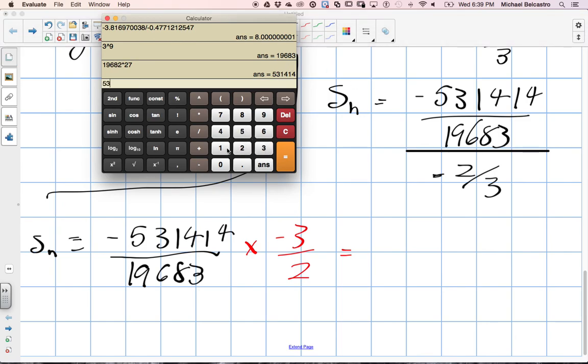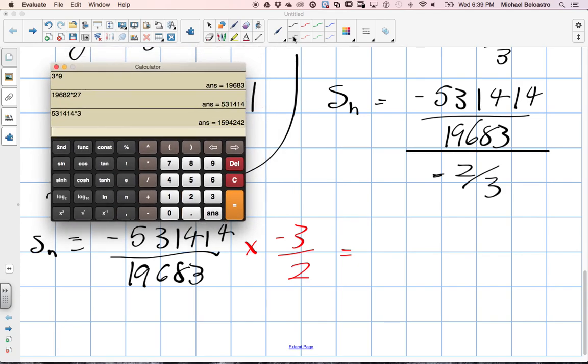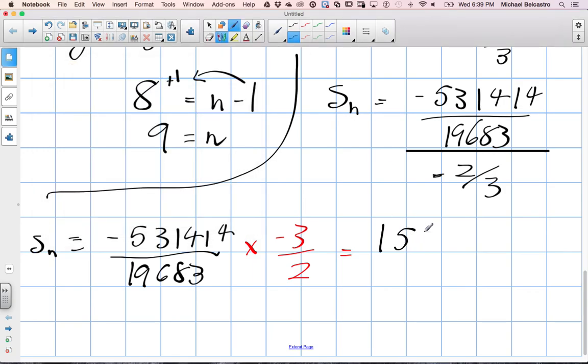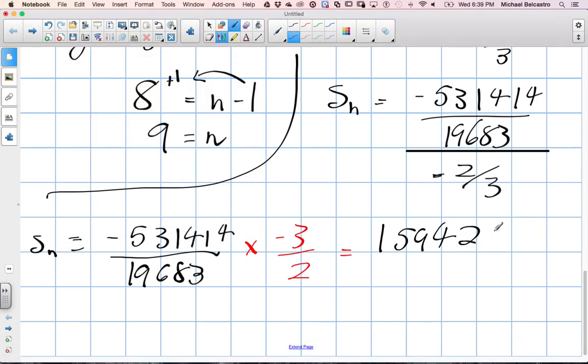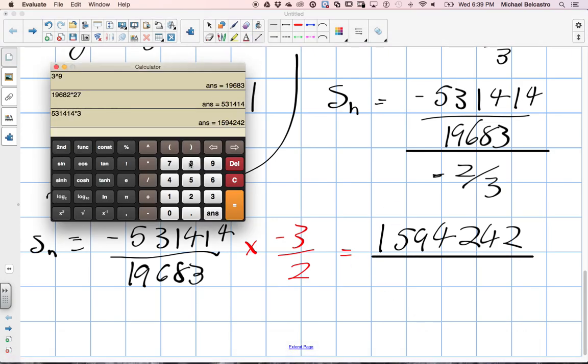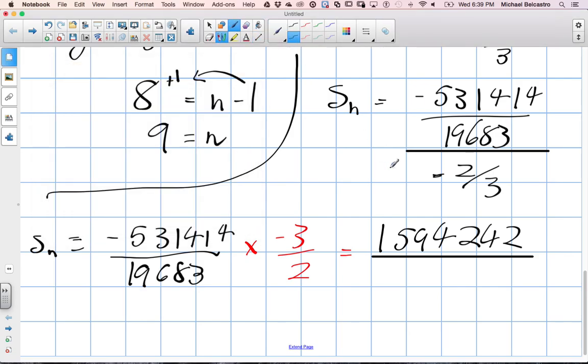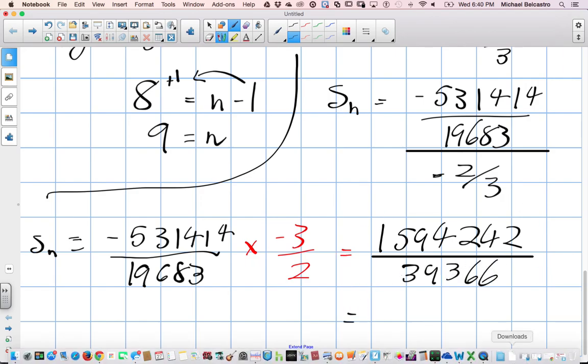So 531,414 times 3 equals, these fractions are huge, 1,594,242, divided by 19,683 times 2, 39,366, and this should give us some final value here.